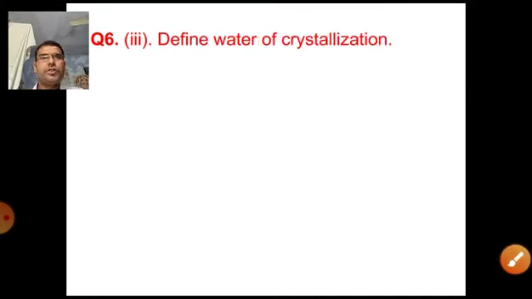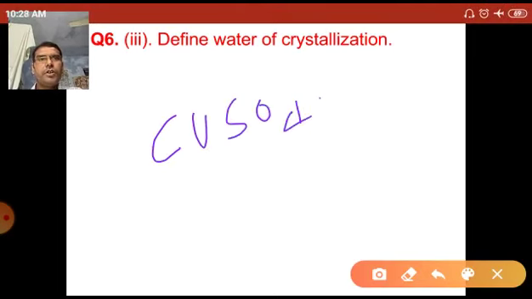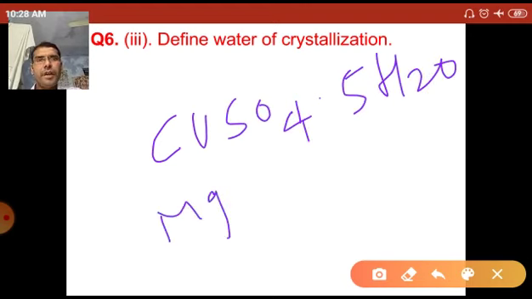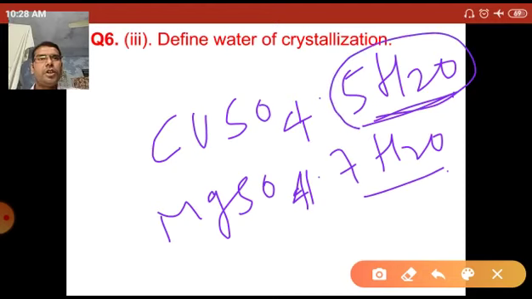Now the next question is: define water of crystallization. As you know, in the hydrated salts copper sulfate, CuSO4.5H2O, and magnesium sulfate, MgSO4.7H2O, the H2O molecules are present in the form of a crystal, and that water present in the form of a crystal is called the water of crystallization.